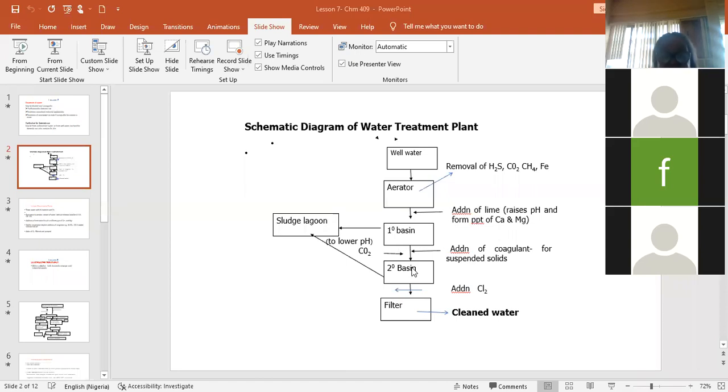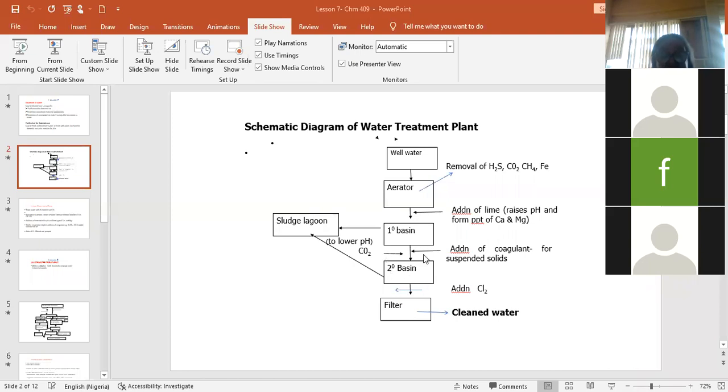And we now take this to a secondary basin. In the secondary basin, all the coagulants, all the precipitates will go to the bottom, and we can now remove them into what we call the sludge lagoon. The sludge just means the precipitate that is not necessary.